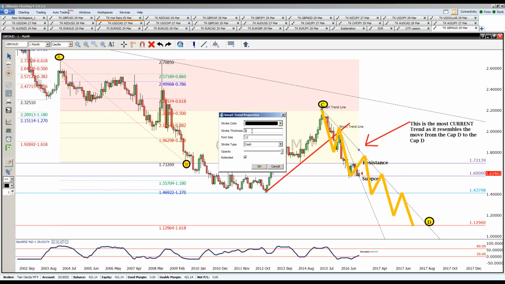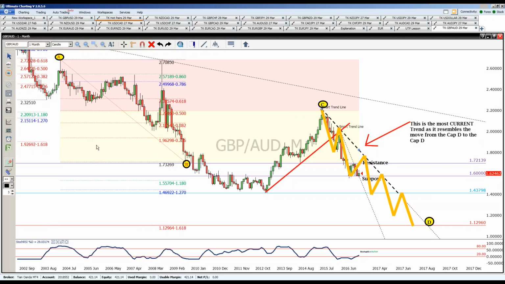This outer trend line over there. That is the most current trend.